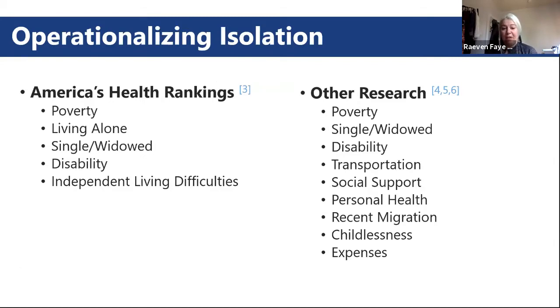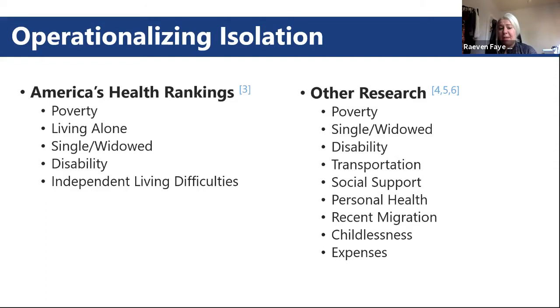So we started to look at other aspects. We wanted to see what type of metrics we could use for isolation. So we used America's Health Rankings for issues on poverty, marital status, disability factors, and whether or not these individuals lived alone. So again, these are all factors used specifically amongst the 65 plus population, such as the rate of poverty among that population specifically.